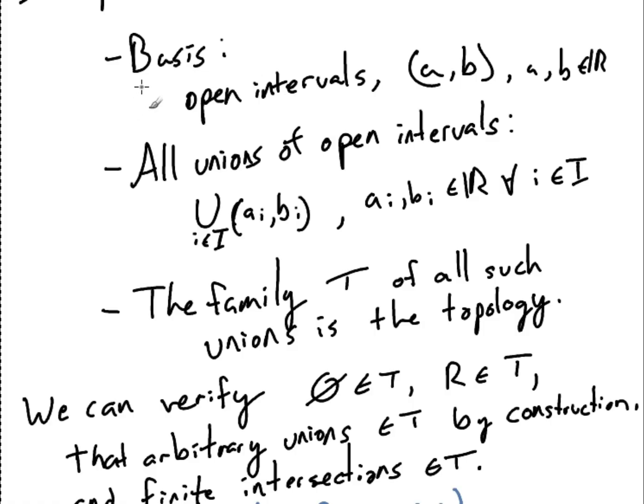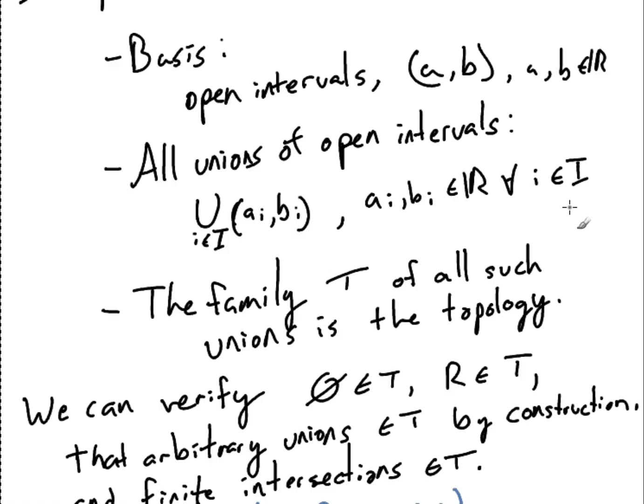To construct the topology from a basis, we take all unions of these open intervals. So everything in our basis, if we just take unions of all of these things, this describes every open set. Now, this is an arbitrary union, so this is for all i in some indexing set I. This can be the entire real number line.